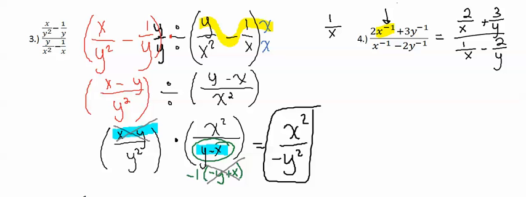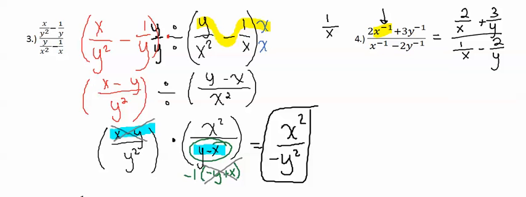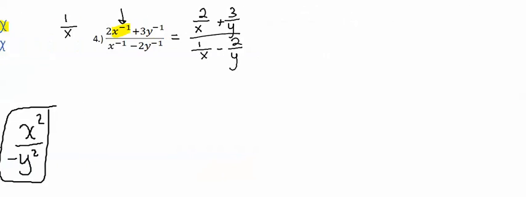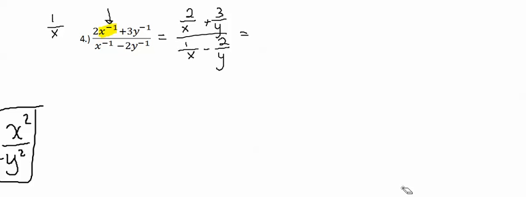Now we can do what we did last time by finding common denominators for each of the terms. You don't have to expand it. In your book, they do keep the fractions within the fractions. So if I look at the top, I'll notice that my common denominator is xy.